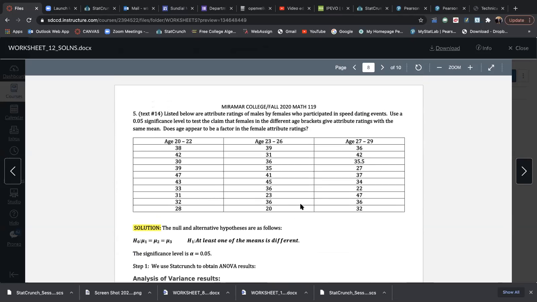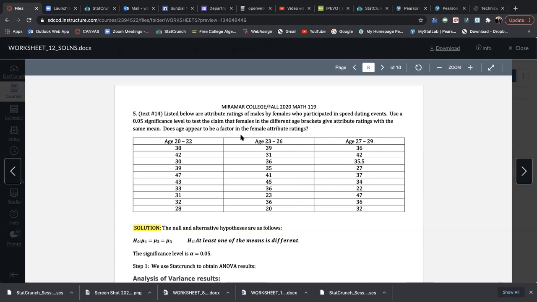Okay, and the last problem, we're doing pretty good on time here. Listed below are attribute ratings by females who participated in speed dating events. Never had the experience of participating in speed dating, but it sounds like fun.